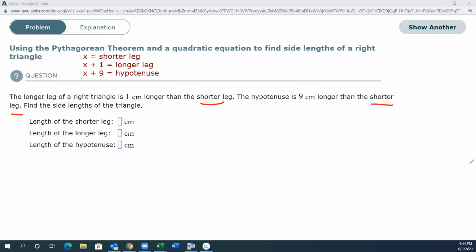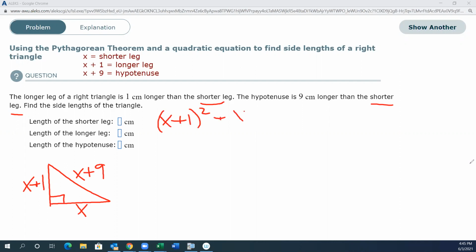Now that they're defined, I can say, all right, I've got some right triangle where the shorter leg is x and the longer leg is x plus 1, and the hypotenuse is x plus 9. So now I'm ready to do my a squared plus b squared equals c squared thing. So I square one leg, and add to that the other one squared, and that's the hypotenuse squared.